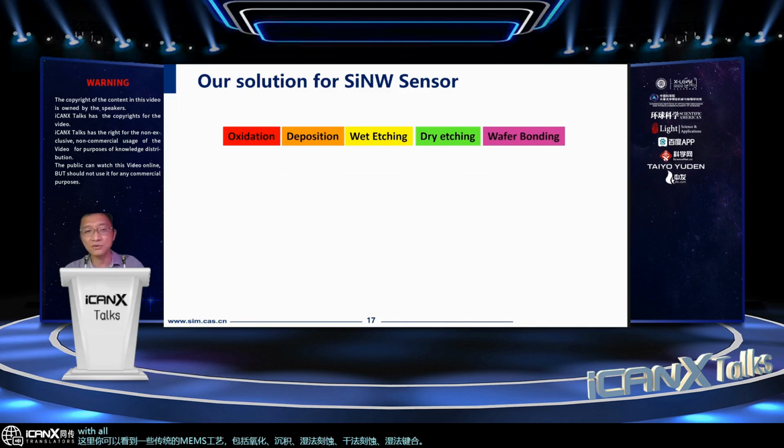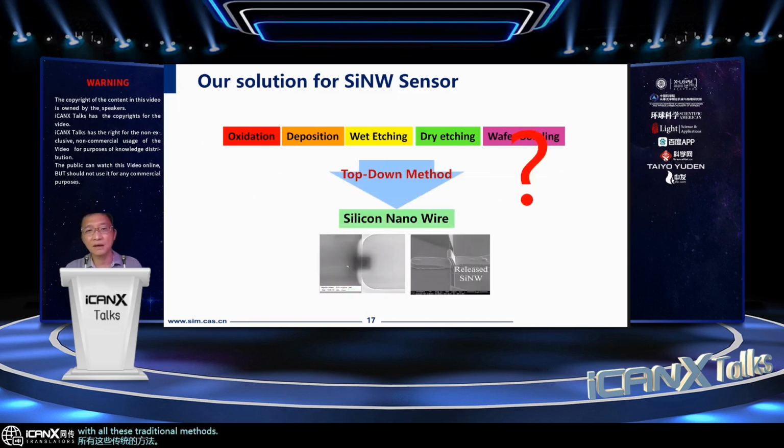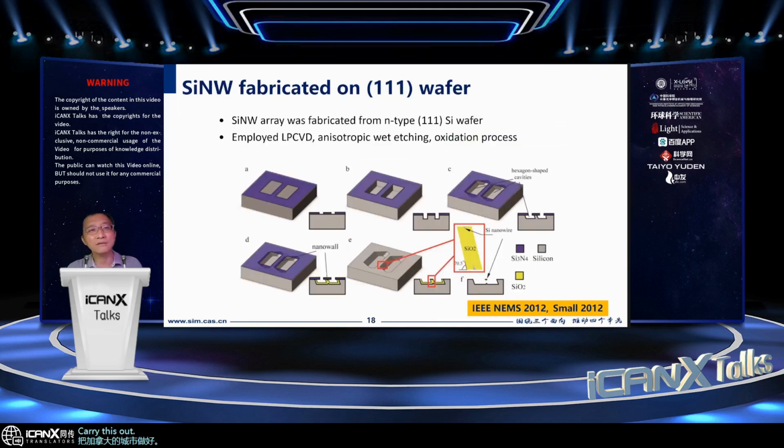With all these traditional MEMS methods, it's possible for us to make the silicon nanowire with the top-down method. Here is our answer. We use 111 silicon wafer, because we all know the 111 plane of silicon crystal is the self-stopping plane in wet etching.